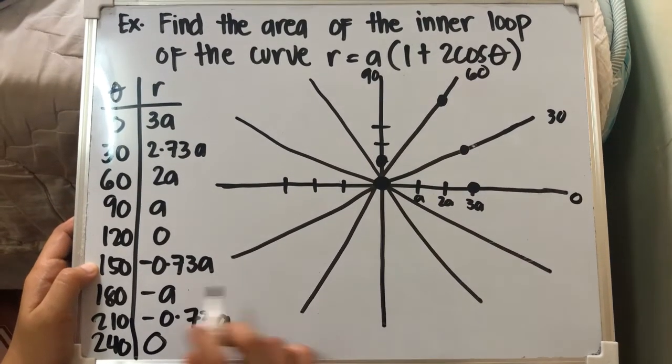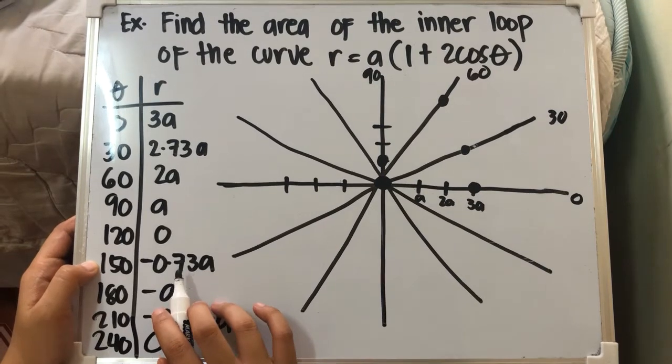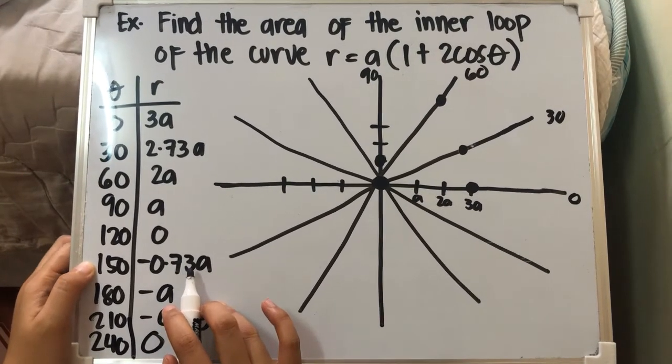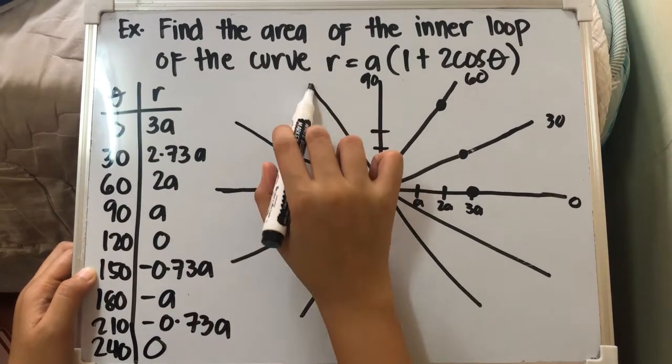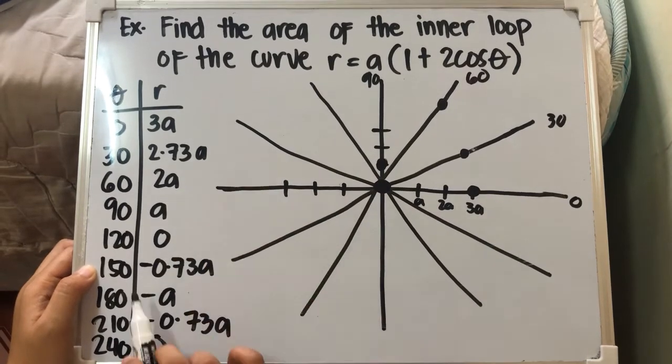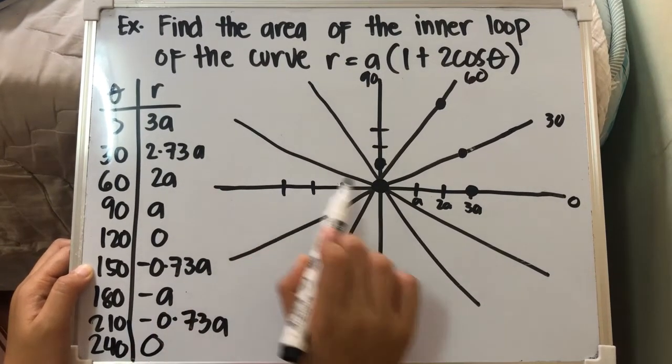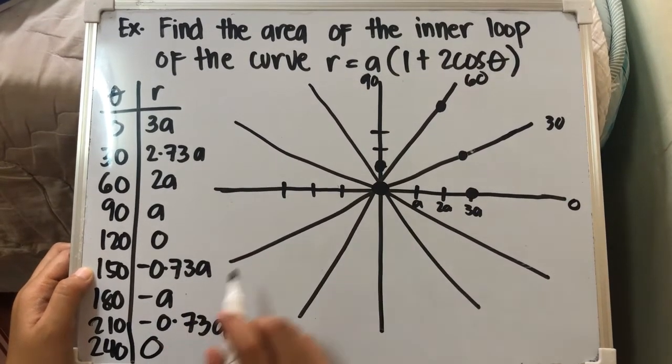Then we'll try to graph 150 and negative 0.73. This is 120, this is 150, and it says negative, so meaning to say it's going to the opposite direction.